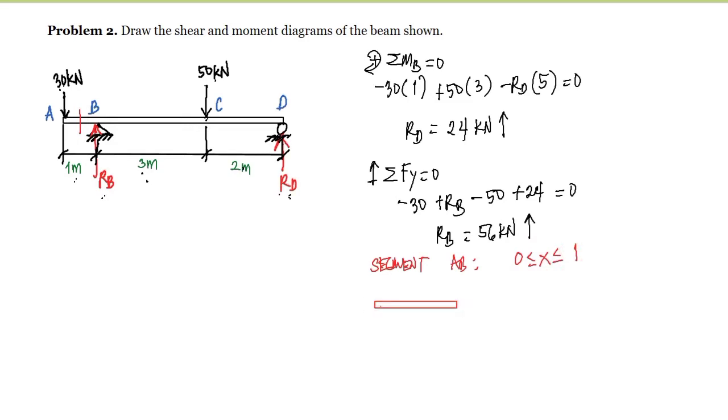And we have here 30 kilonewton downward. And if we cut in this section, then this distance here is distance x. Of course, in here we exposed the shear and the moment.